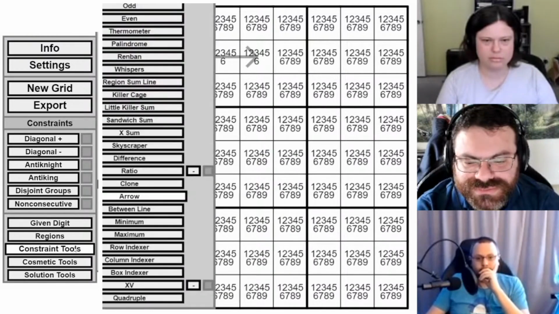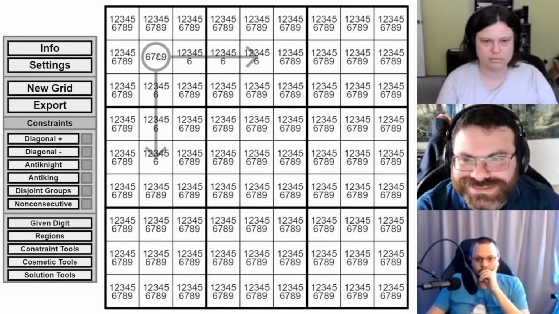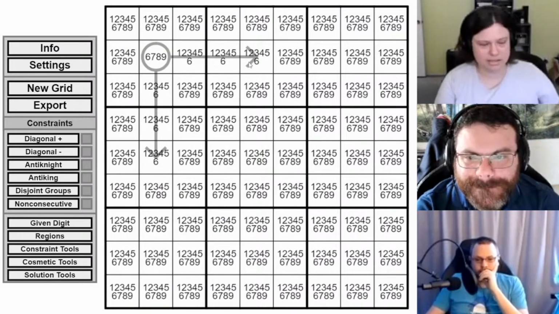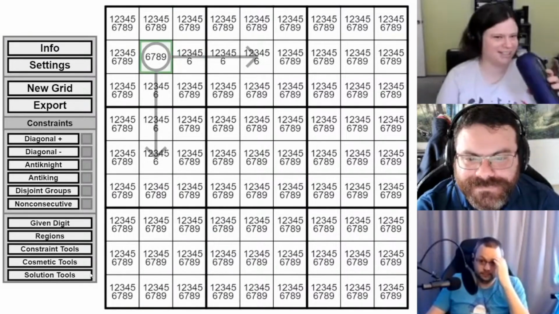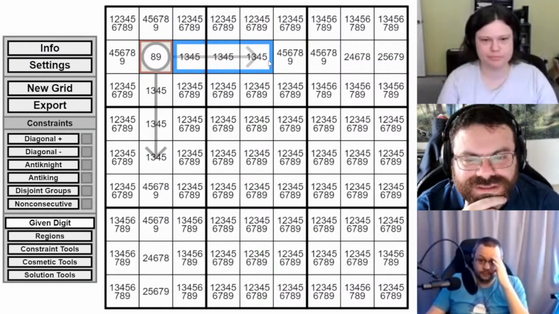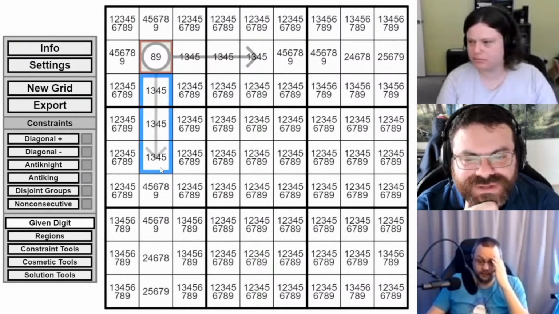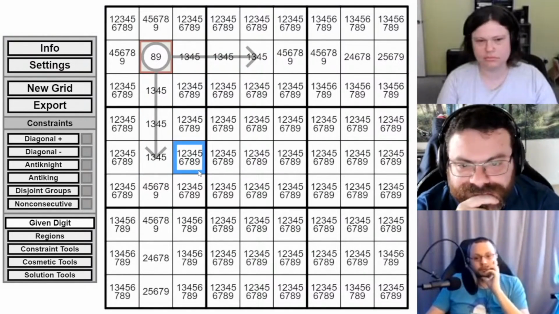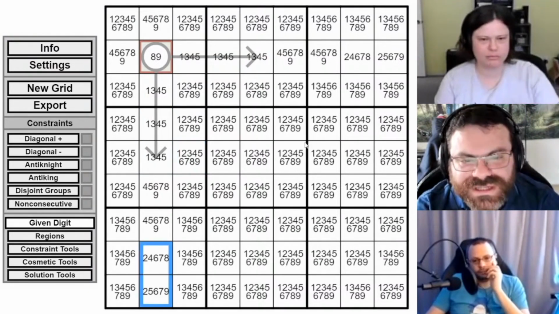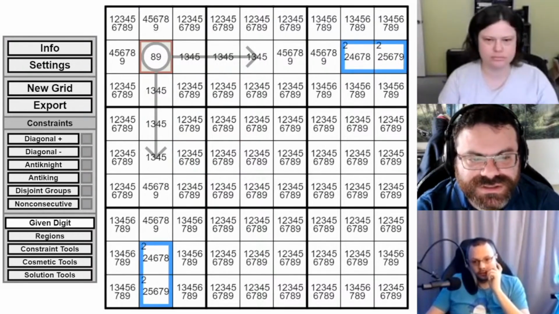Like, what does this do? Anyone have guesses before I? It takes 2 off of both of them, right? Indexing already messes with my head. And so it's still 8 or 9, and it's going to be a 1, 3, 4 or a 1, 3, 5. That makes sense. And so then that, of course, restricts 2 to be here and here.